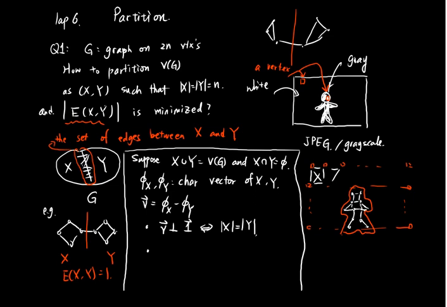And the second observation is the following. If we do the quadratic form, it is equal to 4 times the size of the edge set between X and Y. And the reason is the following. Because we know the quadratic form is equal to the summation over all edges of (vi minus vj) squared.